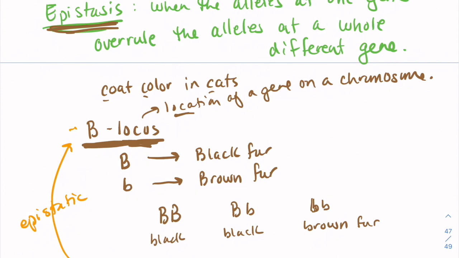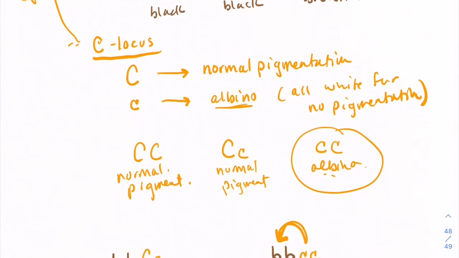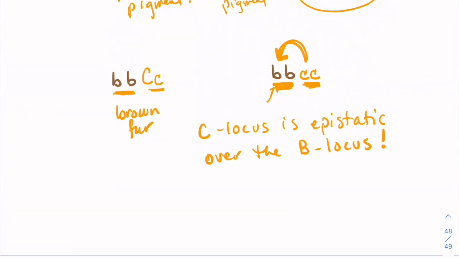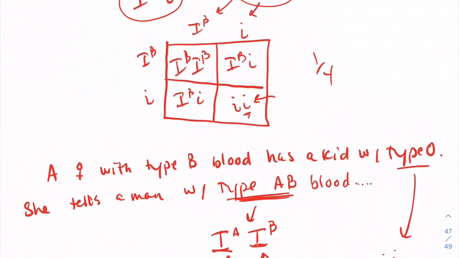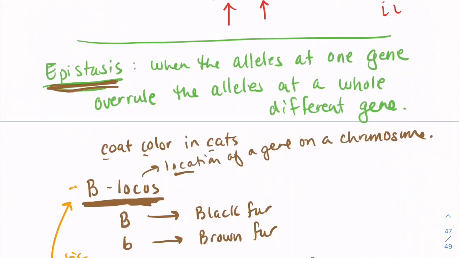Okay. So let's see. We are going to move on a little bit. We have a little clean up work to do. What I want to talk about next is, okay, it's nice to talk about coat coloring in cats. It's nice to talk about 4 o'clocks, human blood types.